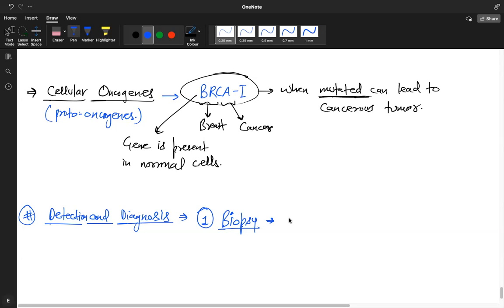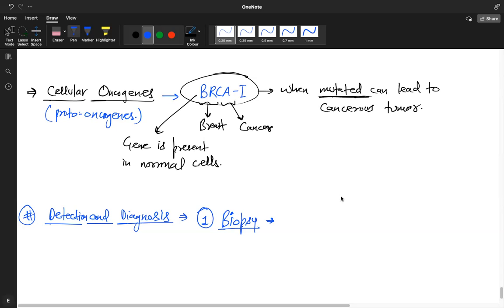So if you know that this misfolded protein or this altered gene is responsible for cancer, and cancer cells secrete this kind of molecule, which can be the cancer specific antigen, then you develop antibodies against them and you can stain with these antibodies. And if you find that there are certain molecules stained, which means they are the antigens, then the tissue is cancerous. Correct? So write down biopsy.